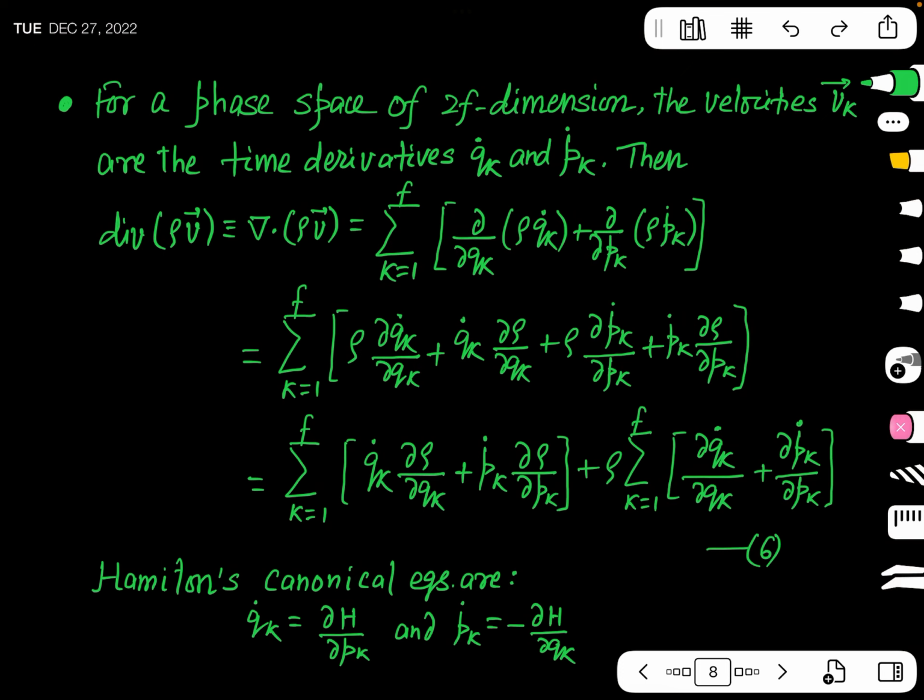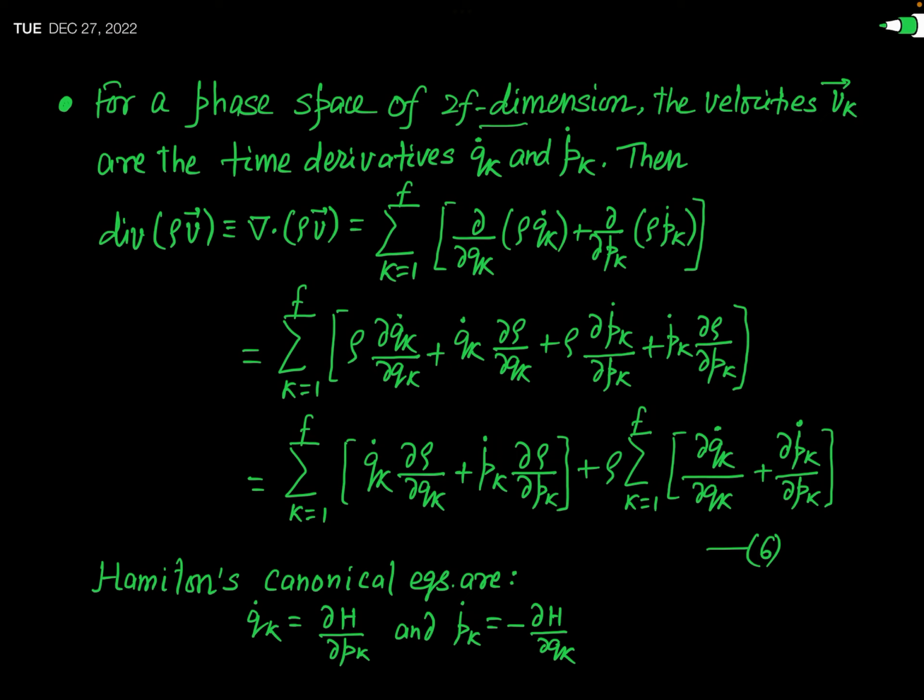Okay, and in a 2f dimensional phase space, this velocity is vk. Actually, I have written vk here, k runs from 1 to f. You know, in phase space there are two independent coordinates, one is qk and another is pk, and the time derivatives of these, that is qk dot and pk dot, actually represent the velocities.